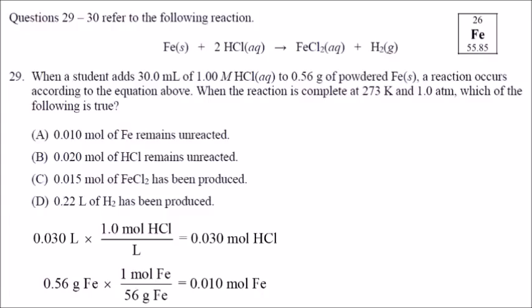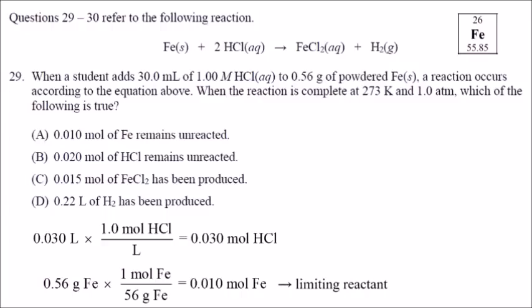Now considering that the mole ratio between iron and HCl is 1-to-2 in the balanced equation, we actually have a 1-to-3 ratio between iron and hydrochloric acid. That gives us an excess amount of hydrochloric acid, and the iron is the limiting reactant.